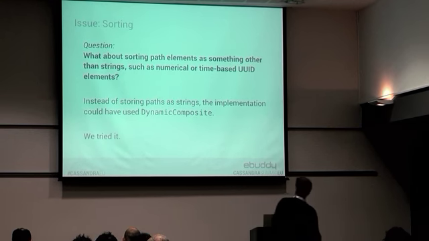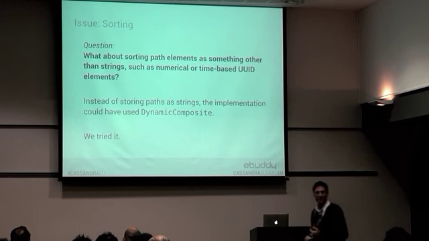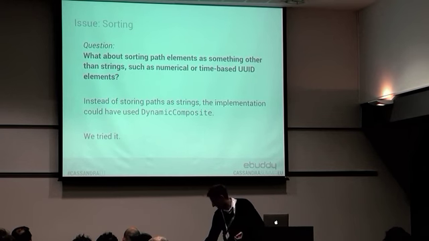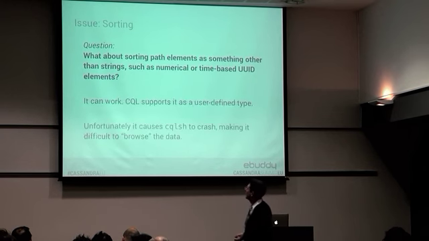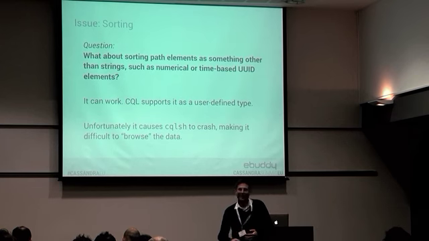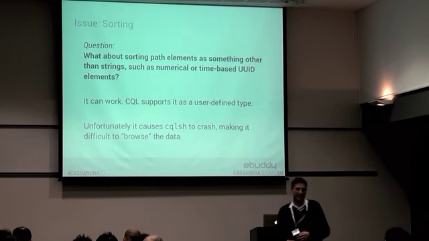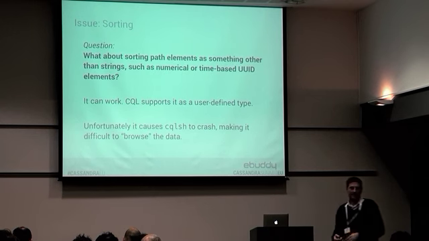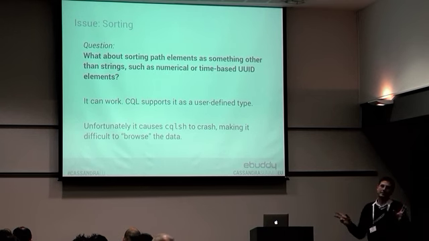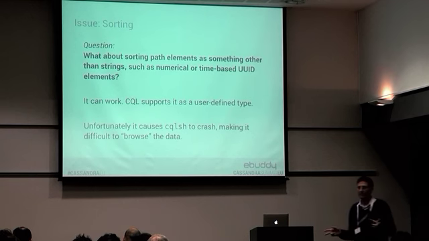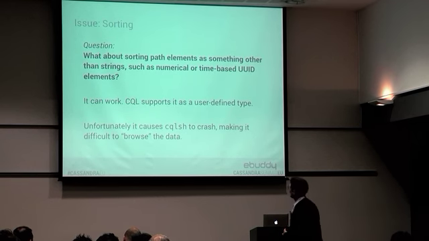We tried that. Yeah, I did try that, and it can work. I did get it to work. Even with CQL, it works because dynamic composites are considered to be user-defined types in CQL, and CQL does support user-defined types.